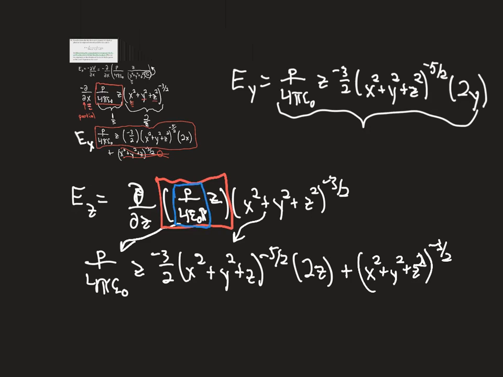So that derivative, if I take that derivative, is p over 4 pi epsilon naught. It's essentially, what's the derivative of 5z? Derivative of 5z is 5. So here, the p over 4 pi epsilon naught is basically more or less serving the same purpose as that 5. It's just a constant that you're multiplying by. So then this is my derivative, my answer for EZ.